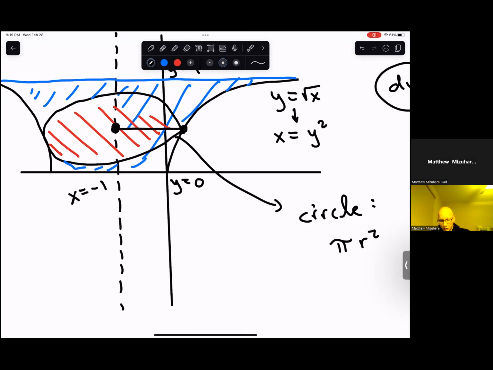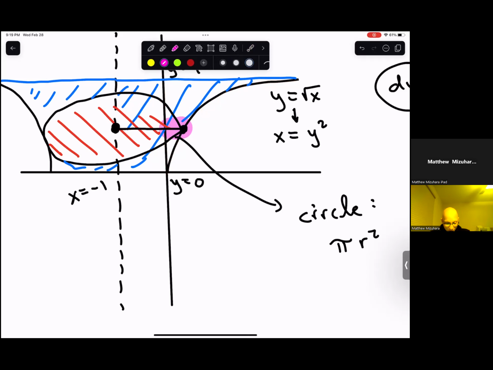If I think about what y squared itself is, the x equals y squared function, well, yes, it is this function, but that y squared only represents the distance from this function to the axis.